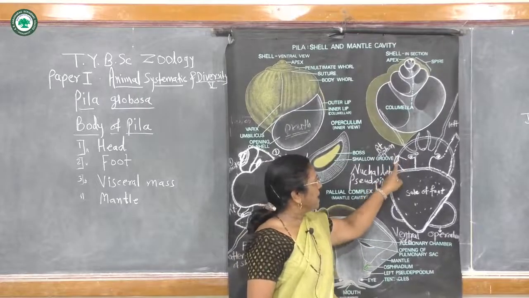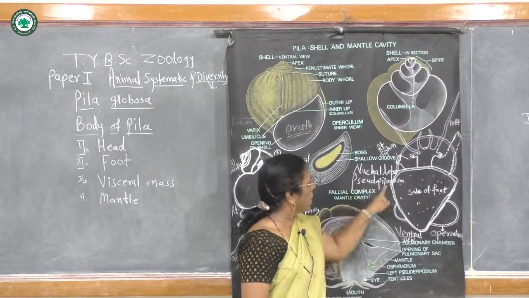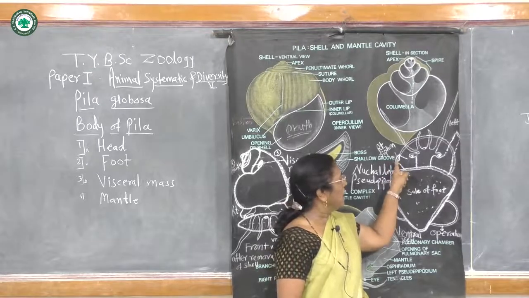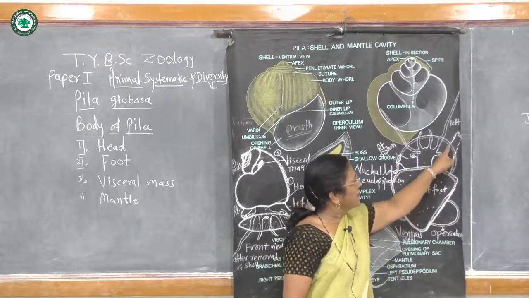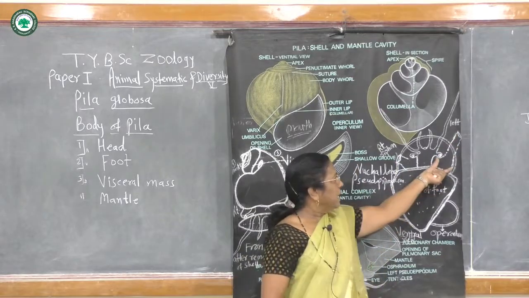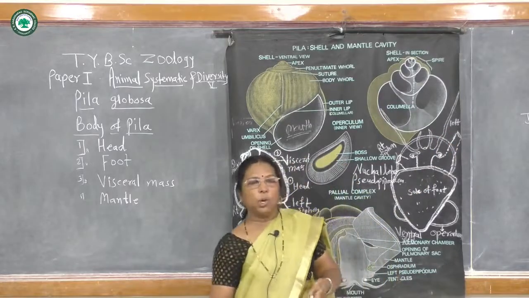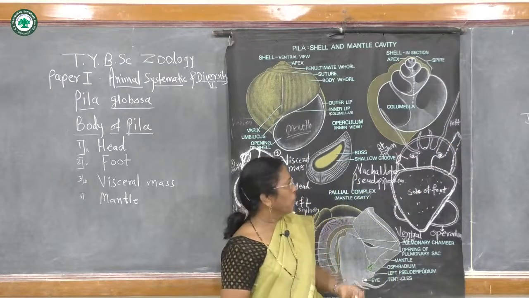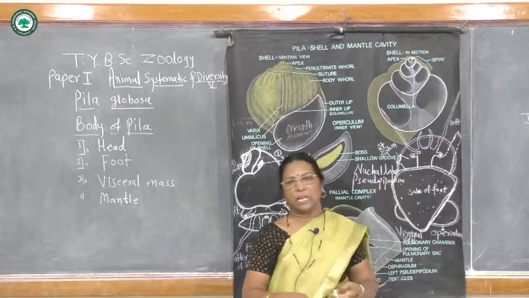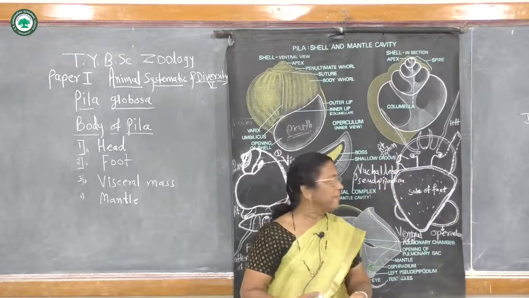On the right side, a small lobe called right siphon or right nuchal lobe or right pseudopodium is present. On the left side, this siphon is somewhat longer or larger. It is called left siphon or left nuchal lobe or left pseudopodium, through which respiratory water current enters and goes out through the right siphon.